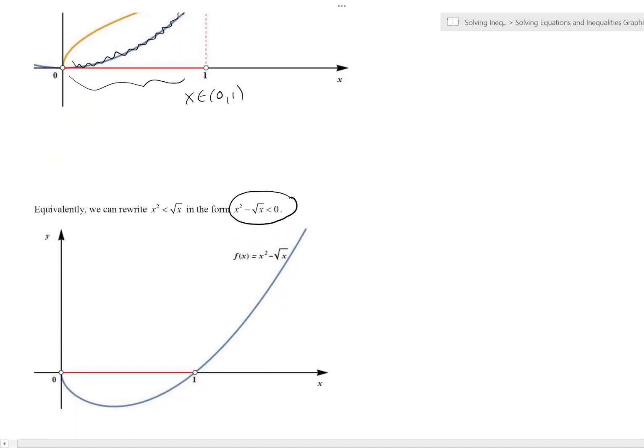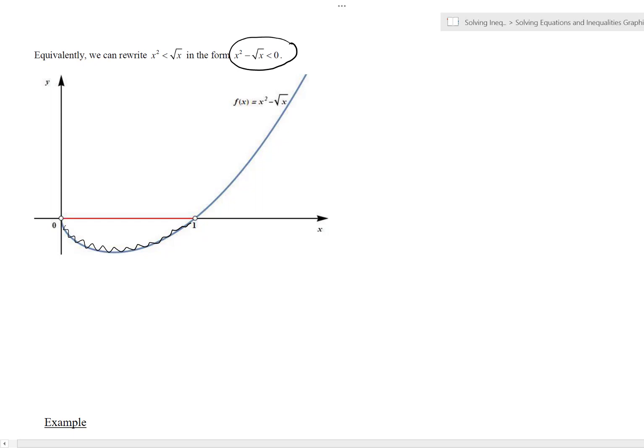There's our graph again, and indeed, that function's graph is below the x-axis for all these values between 0 and 1, but not including 0 and 1. So two approaches give the same solution set, solving the inequality graphically.